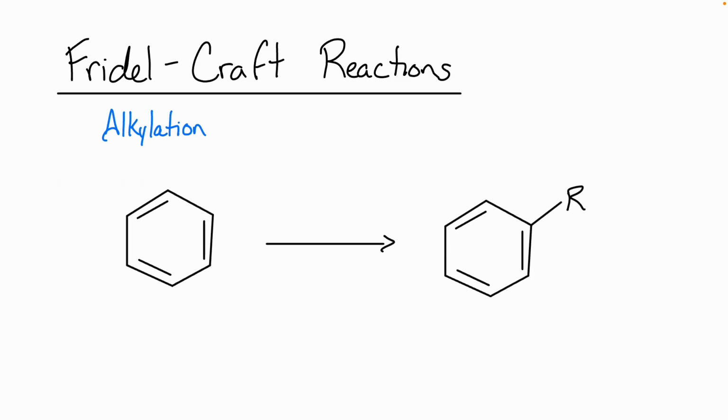Okay, so our reagents that we would use for these alkylation reactions would be an alkyl chloride. So whatever our R group is, it needs to have a chlorine on it. And then that same aluminum chloride catalyst that we saw previously.